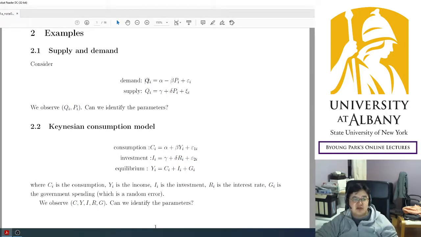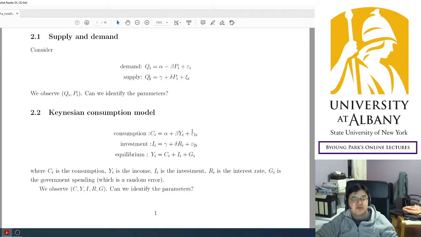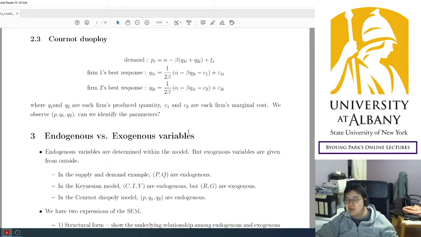Think about quantity and price. Even if I said quantity is determined by price, it is not only that price affects Q, but Q also affects price. So they are simultaneously affecting each other. That is a more general model than the triangular equations model.